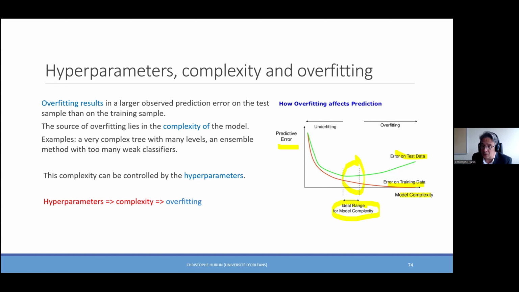The idea is to determine, for instance, the lag order, the polynomial order in my polynomial regression, the depth of the tree in my decision tree, or in the random forest, the number of bagging models, etc. Whatever it is, the optimal value of the parameters allows me to get the optimal model complexity.